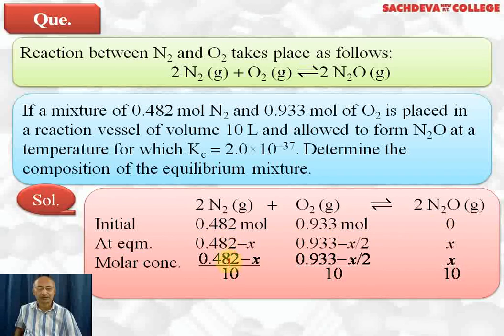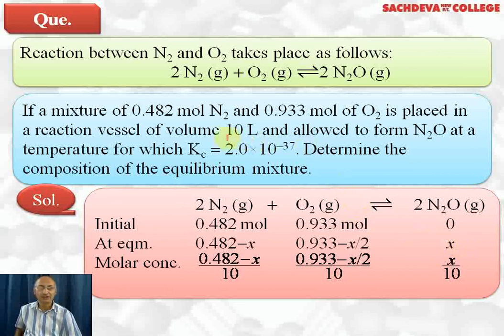So the amount at equilibrium will be 0.482 minus X. Now when 2 moles of nitrogen react, 1 mole of O2 reacts. When X moles of nitrogen react, X by 2 moles of oxygen will react. So the amount of oxygen at equilibrium will be 0.933 minus X by 2. When 2 moles of nitrogen react, 2 moles of N2O are formed. So when X moles of nitrogen react, X moles of N2O will be formed.